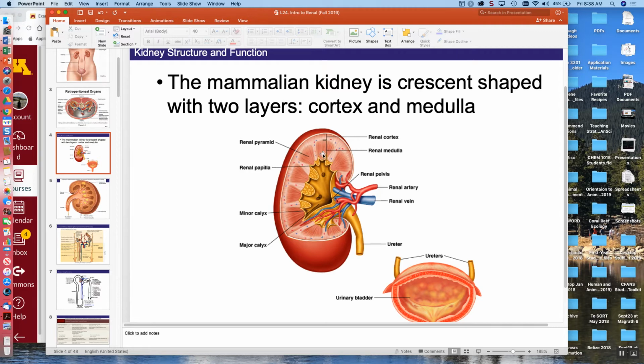Very concentrated, a lot of solute in that renal papilla. This concentration gradient within the renal medulla helps you concentrate urine. We'll learn more about that later on.